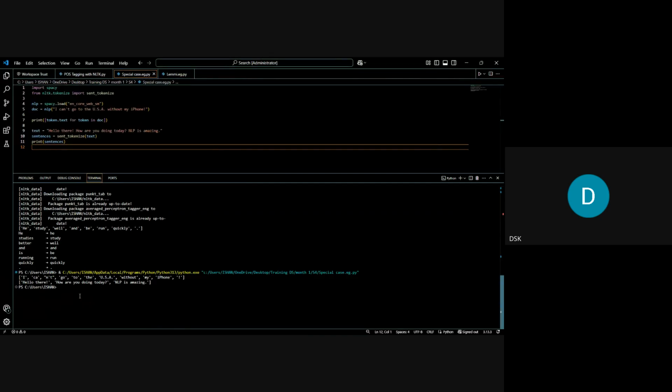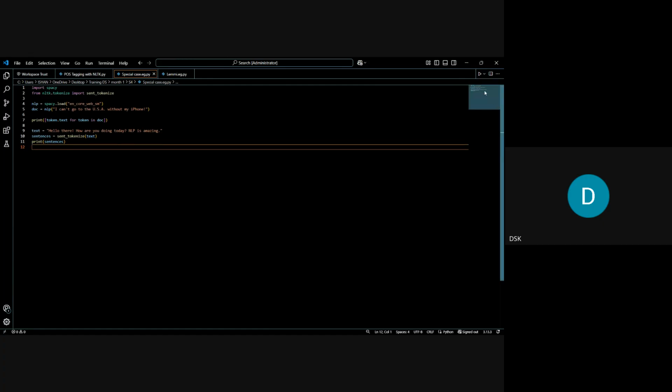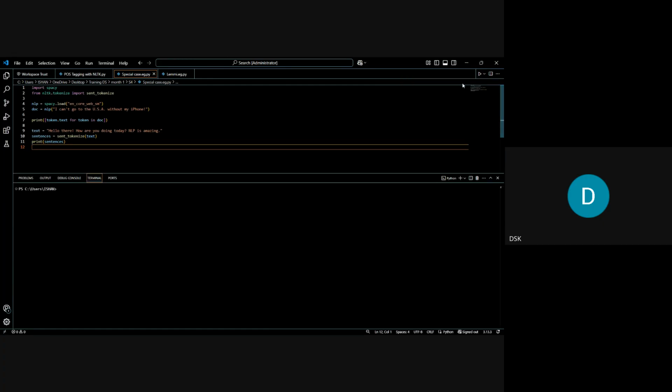As you can see, can't is getting split, but USA is not getting split. iPhone is also not getting split. So there is a case rule.